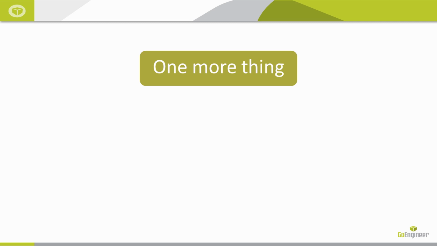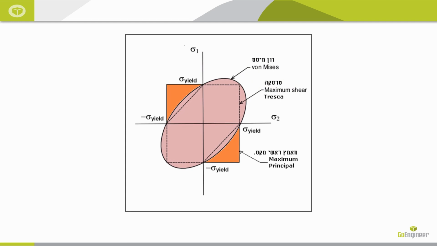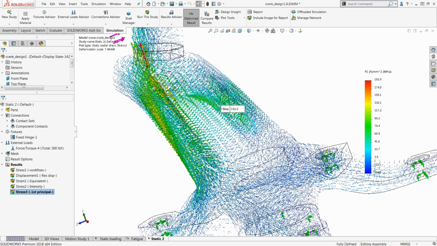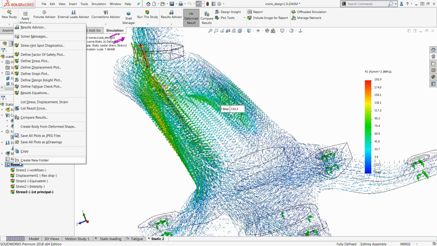What if there's a plot that you want to create, let's say maximum shear stress, that is not available in the default options inside SOLIDWORKS Simulation? How do I create this? To do that, I'm going to use a rarely used functionality called result equations.